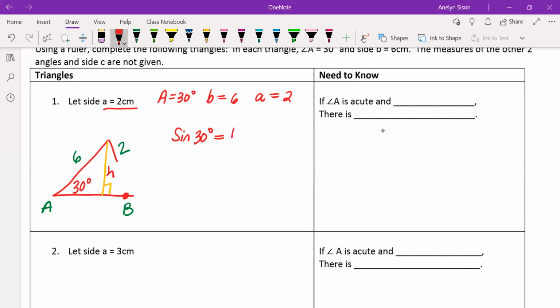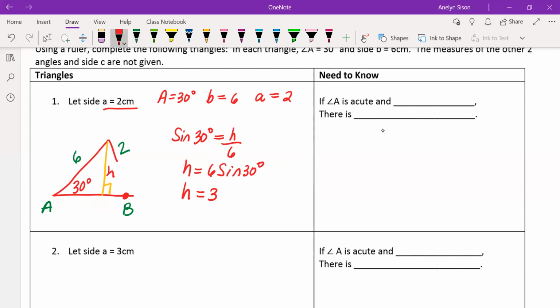So sine 30 is equal to the height over 6. And we know that h is equal to 6 sine 30. And h is equal to 3. So now look at this. The required height, the minimum height that will create a triangle, is 3. And you're given 2 for the opposite side of A.